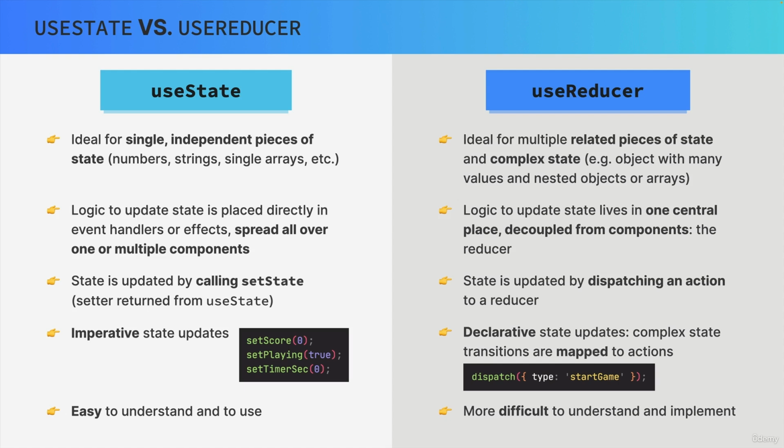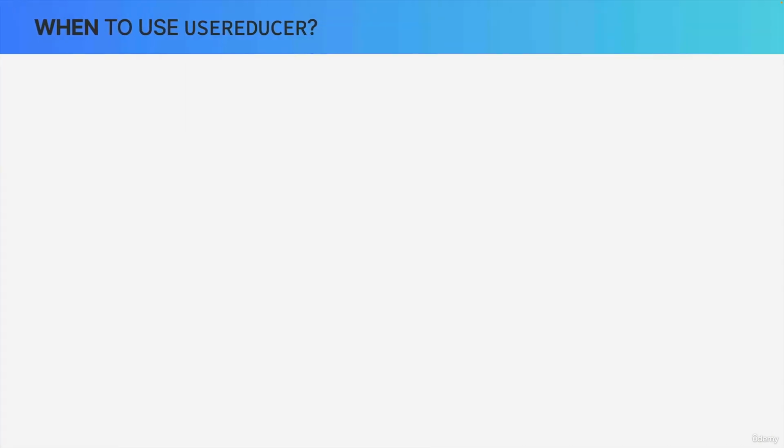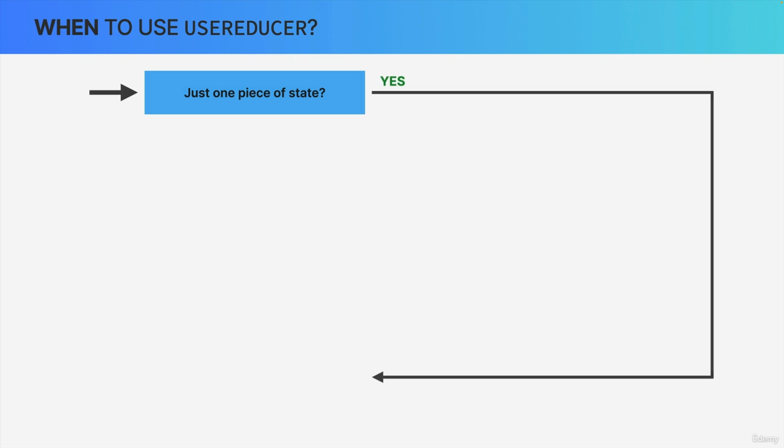And this actually brings us to our next and final slide, where I'm now going to give you a simple framework for deciding between useState and useReducer whenever you need to add state to a component. So the first and most obvious question to ask ourselves is whether we only need one piece of state. If that's the case, then the answer is very simple.